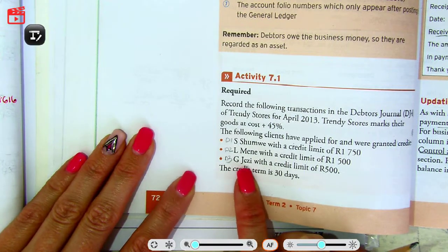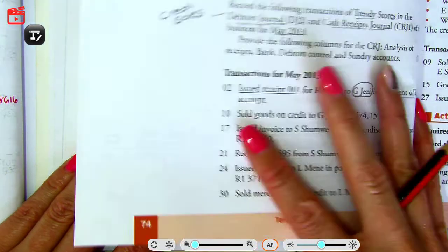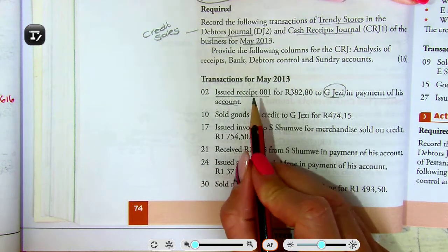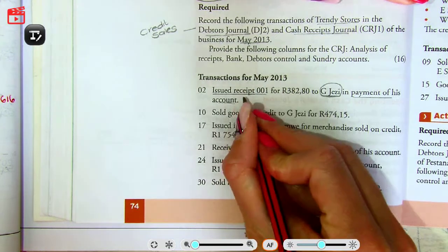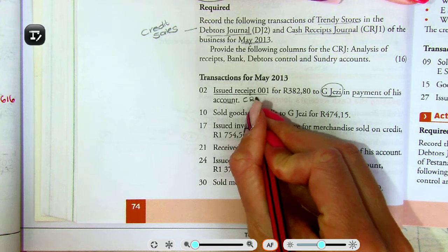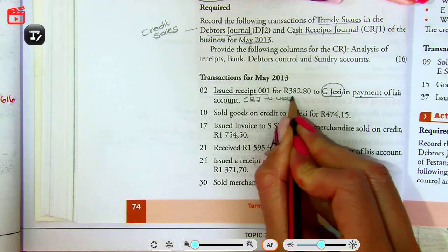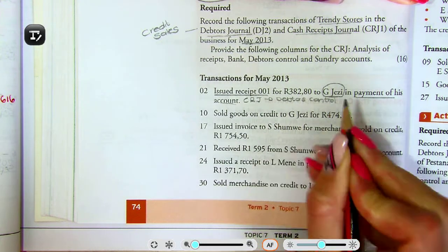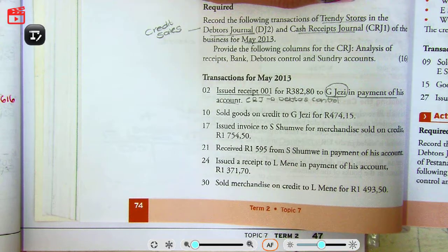He buys on credit from me and owes me money. Which journal is this going to? It's going to my CRJ, in my debtors control column, because G. Jersey is a debtor and I have now received money from him. So it is going to affect my debtors control column.